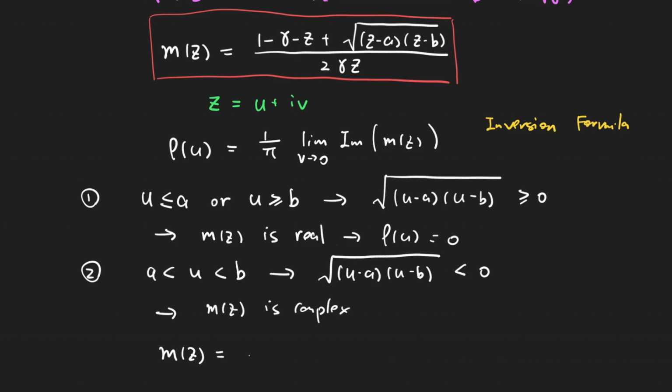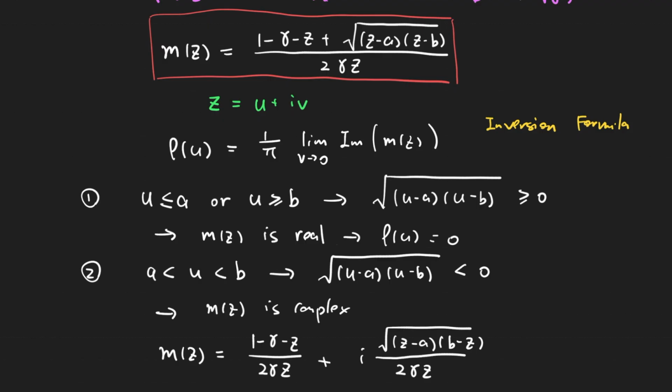So we have 2 times gamma times z over 1 minus gamma minus z. So that's the real part. And we don't really care about this, right? So we have the plus i times 2 times gamma times z, and then the square root of (z minus a) times (b minus z), right?